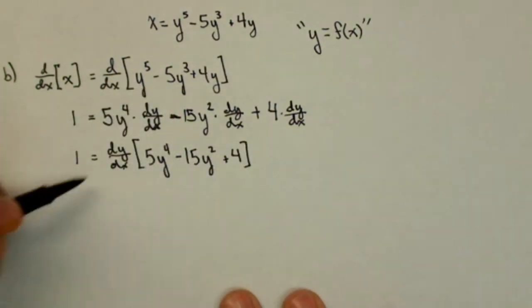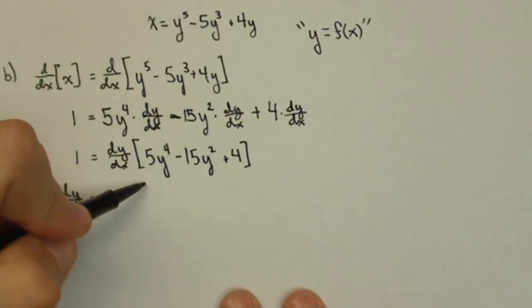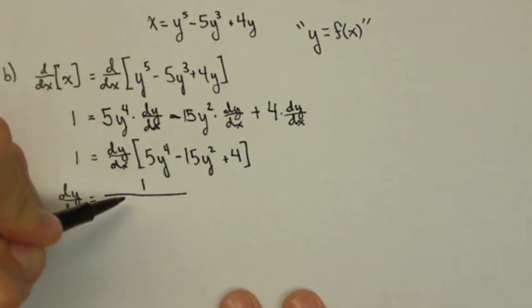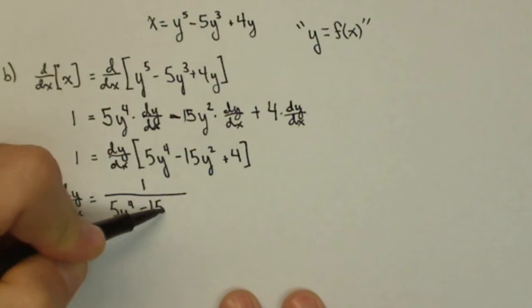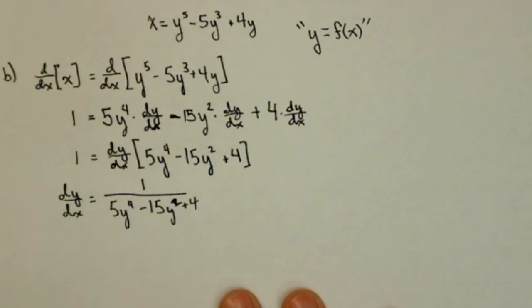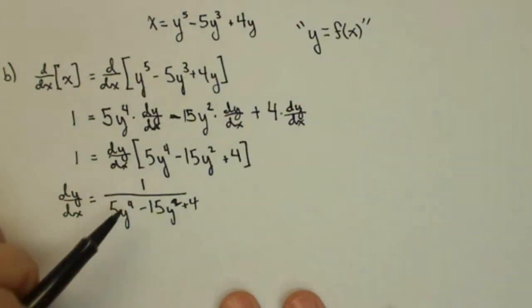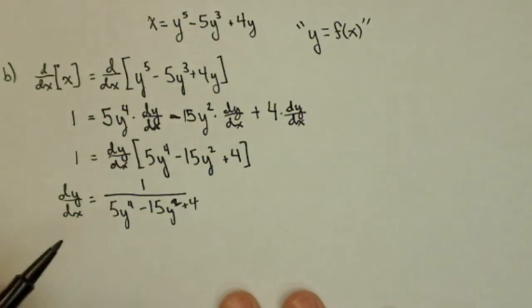And finally I'm going to swap this over here. Explicitly solved for dy/dx, which is not always going to be possible, dy/dx is 1 over 5y to the fourth minus 15y squared plus 4. This one only involves y, but it's very possible your derivative will involve both x and y.